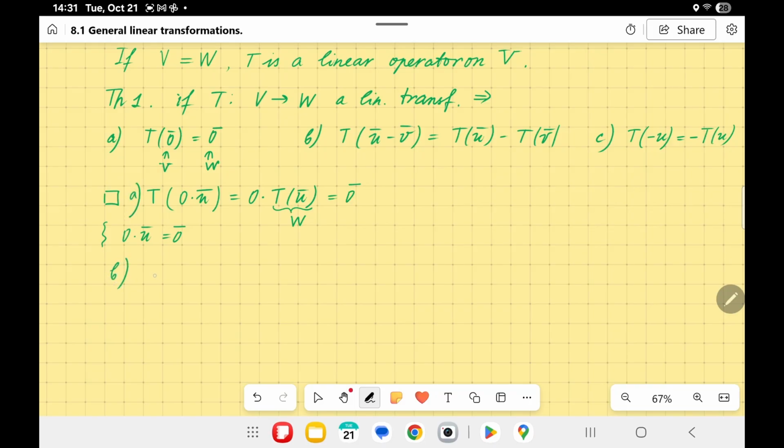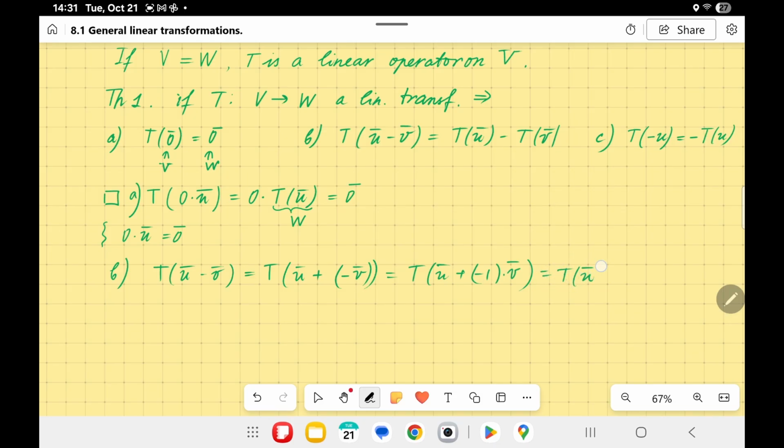B. The transformation of u minus v can be represented as the transformation of u plus negative v, right? And further, it can be represented as the transformation of u plus negative 1 multiplied by v. Remember when we were doing vector spaces, we proved that negative v can be represented as negative 1 times v. Now we use additivity.